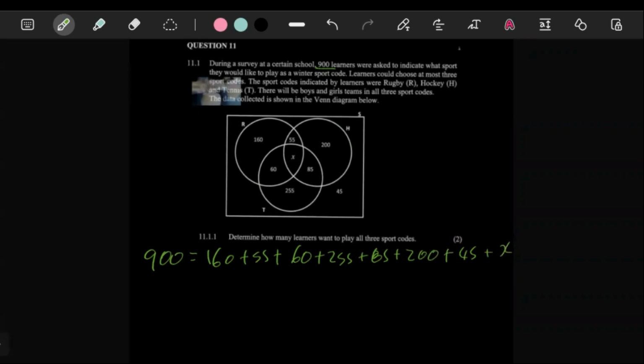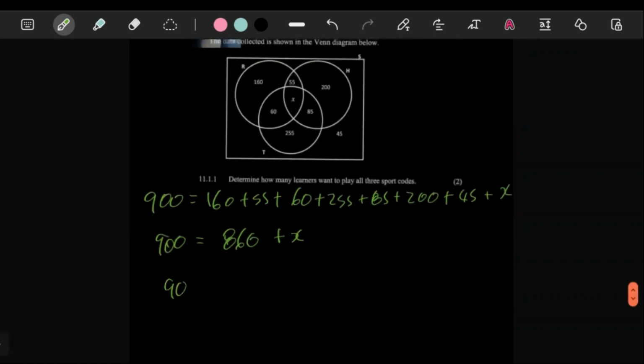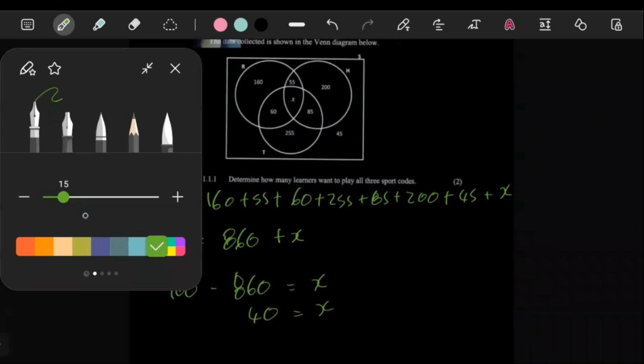Everything here in the calculator is giving us 860. Then 900 minus 860 is equal to 40. There we go. That's the way we like it.